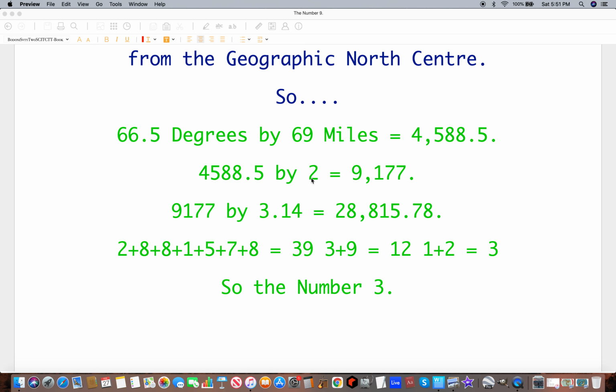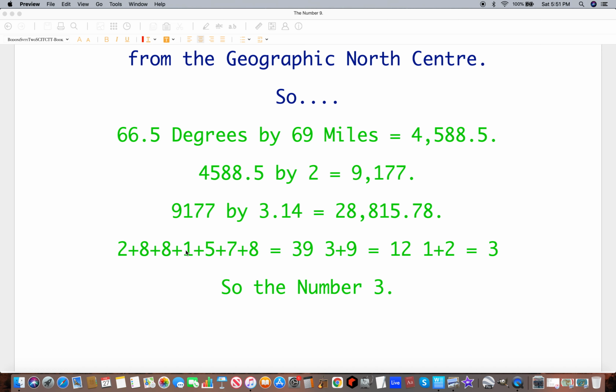Multiply that by 2 for a diameter, which is 9,177. Then 9,177 multiplied by 3.14 gives us a circumference. So a flat world circumference of the Tropic of Cancer, using the latitude and longitude grid, is 28,815.78 miles.